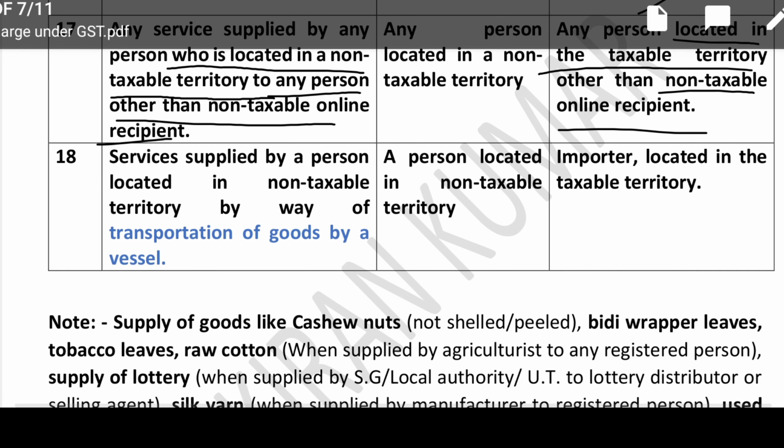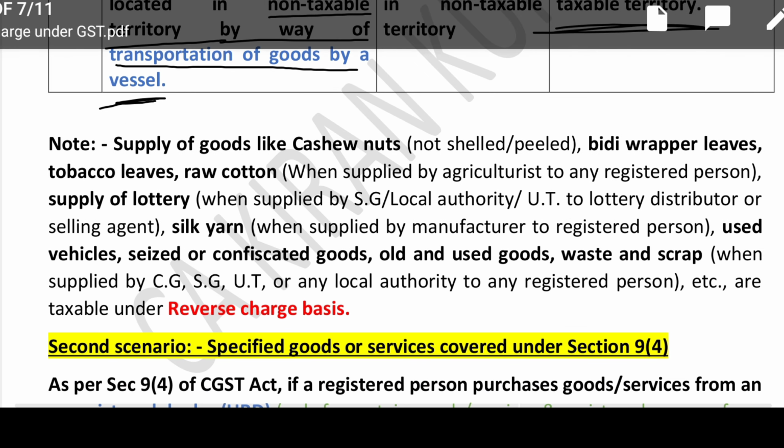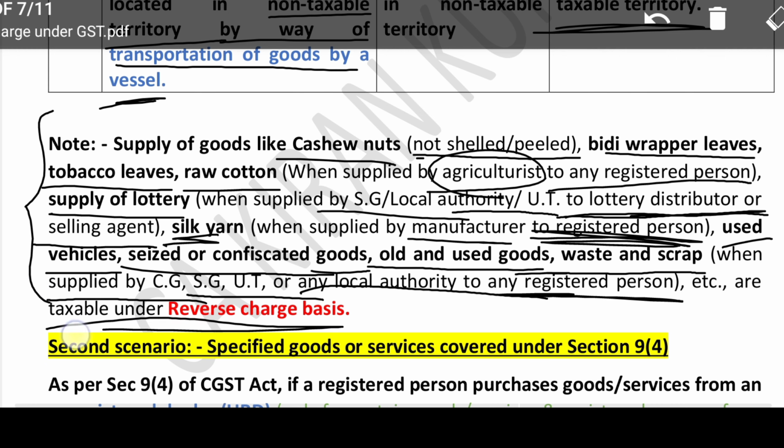Services supplied by a person located in non-taxable territory by way of transportation of goods by a vessel. In such case, the importer located in the taxable territory is liable to pay GST. And other than this, some supplies of goods mentioned here are liable to GST or taxable under RCM basis.